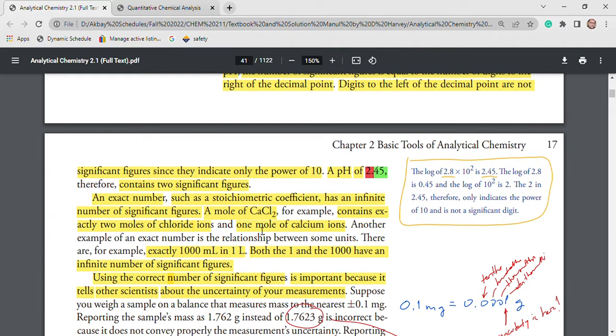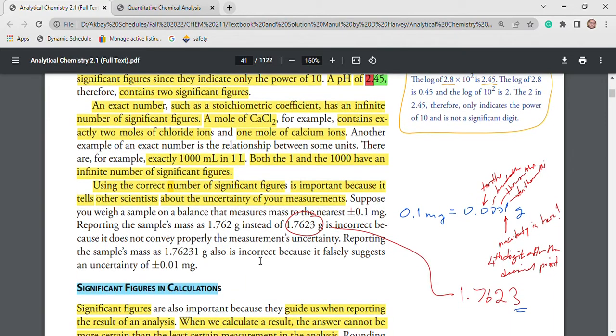Exact numbers might have many or infinite sig figs. That's why when we do measurements, we want to make sure we report the correct error associated with our measurement.